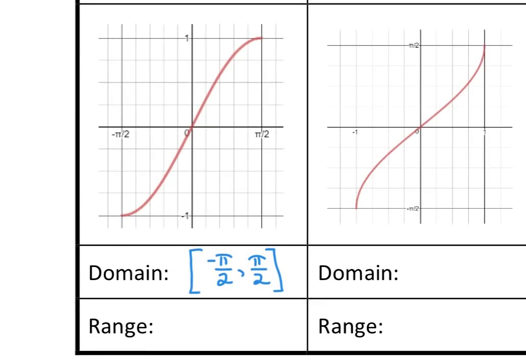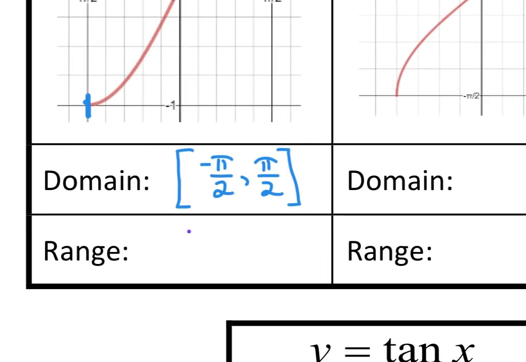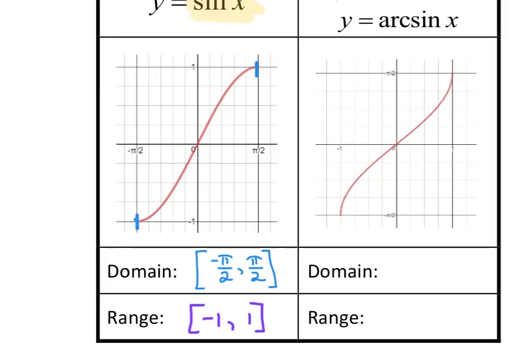And you can see that in your x values of the graph. And then your range is going to be from negative 1 to positive 1. And again, that will be inclusive, and you can see that in the y values of the graph.